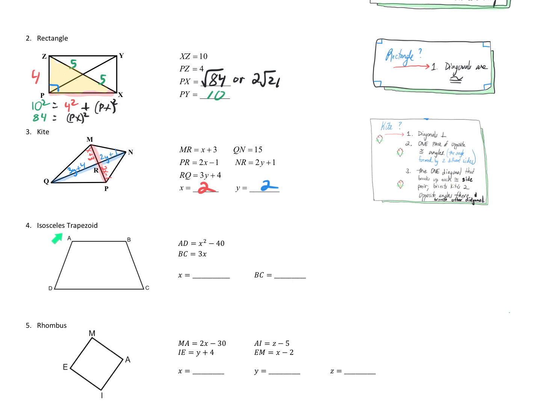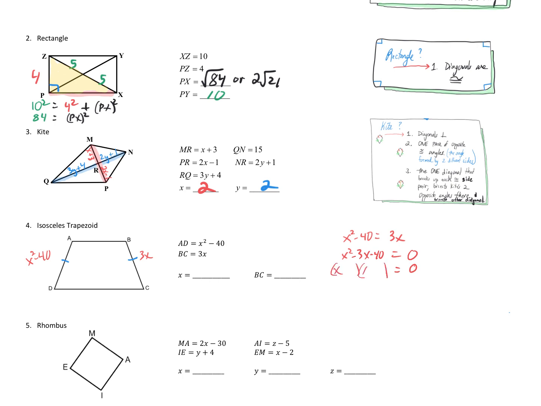Alright, time for the isosceles trapezoid, whose legs must be congruent because it's isosceles. That means AD is congruent to BC. So, set them equal to each other, collect all of your terms on one side, we'll subtract 3x from the right, and we'll subtract 3x from the left. Now that everybody's equal to 0, we will try to factor.